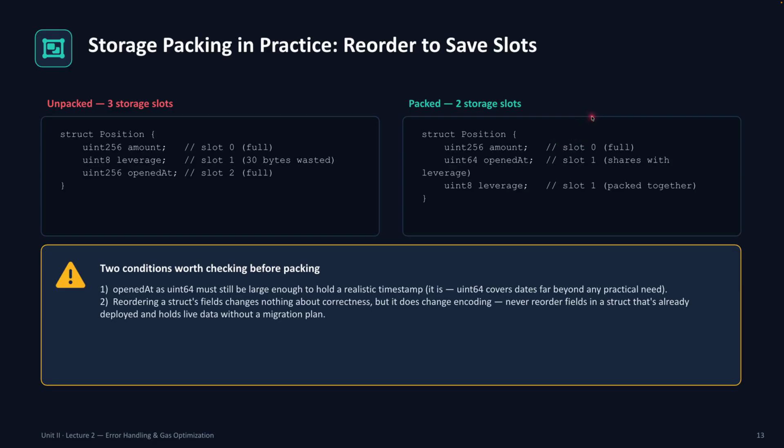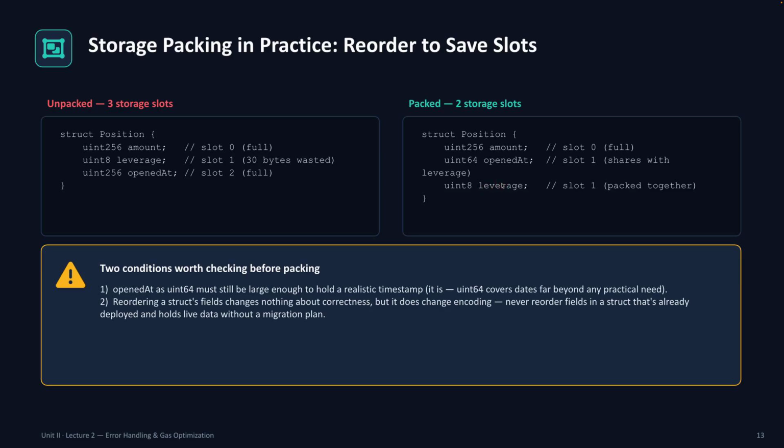Then we change openDate from uint256 to uint64, since openDate will be a timestamp and a timestamp value can be successfully represented using uint64. Now this goes into slot 1 and it shares slot 1 with uint8 leverage, because openDate now takes 8 bytes and leverage takes 1 byte.